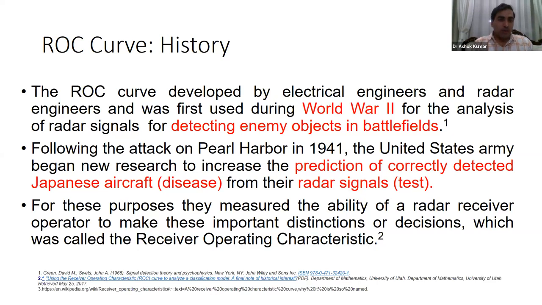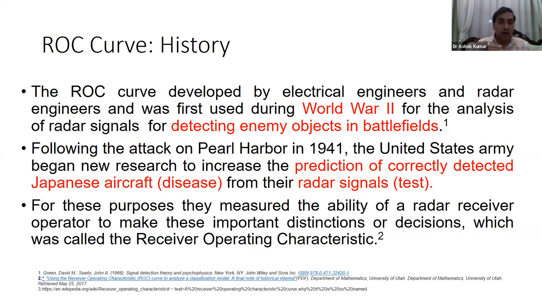The history of the ROC curve. The ROC curve was developed by electrical engineers and radar engineers and was first used during World War II for the analysis of radar signals for detecting enemy objects in the battlefield.